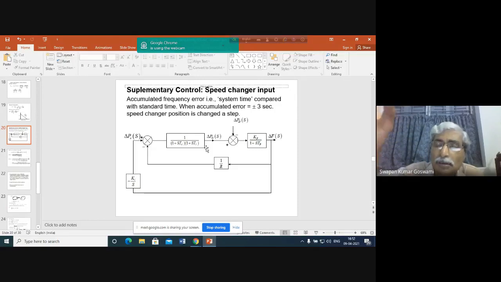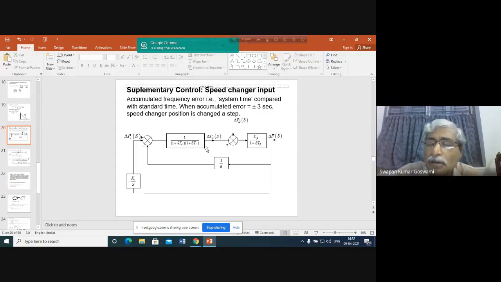The synchronous clock will be showing time in the power station where the frequency control will be implemented. And that time will be compared with the ordinary clock.